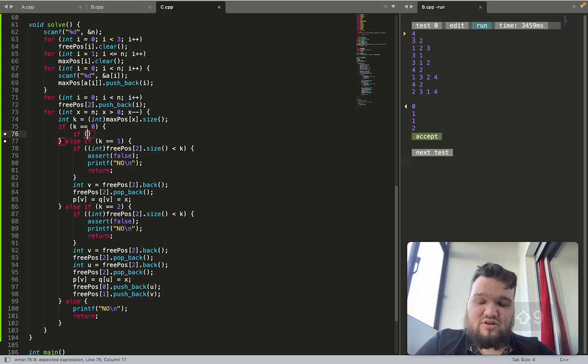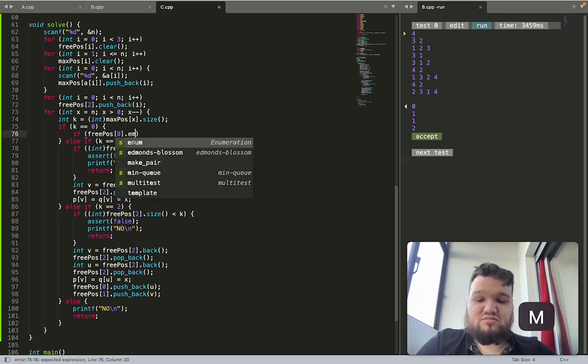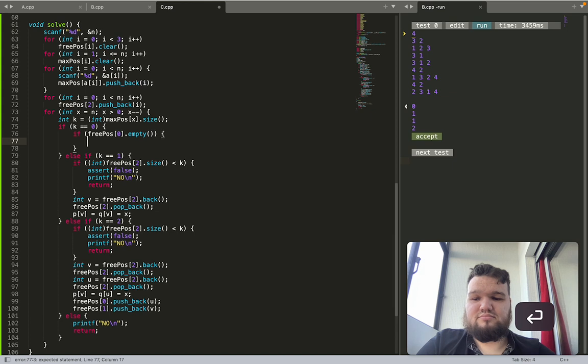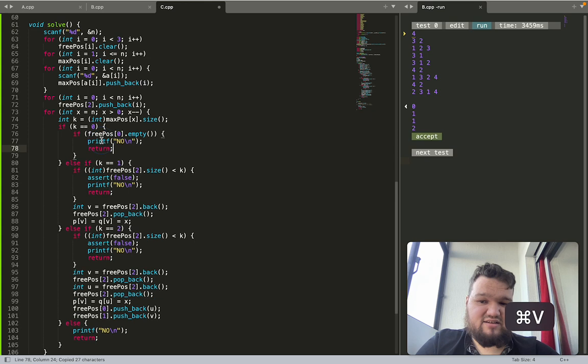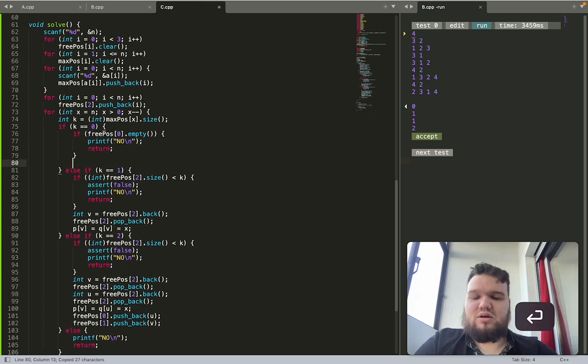If there are no free positions, then it's impossible. And this can actually happen. Otherwise, we know that the number of free positions for P and Q is the same. We only increase them together, and here we will decrease them together.